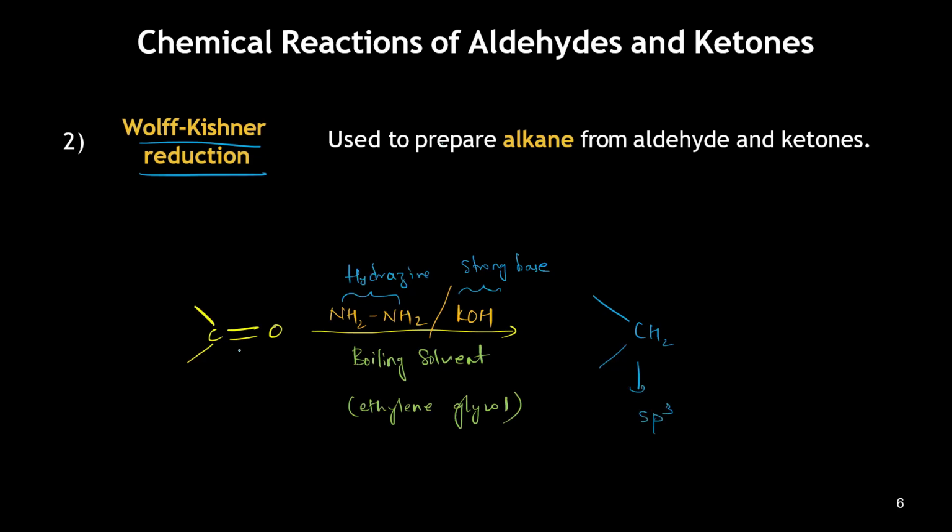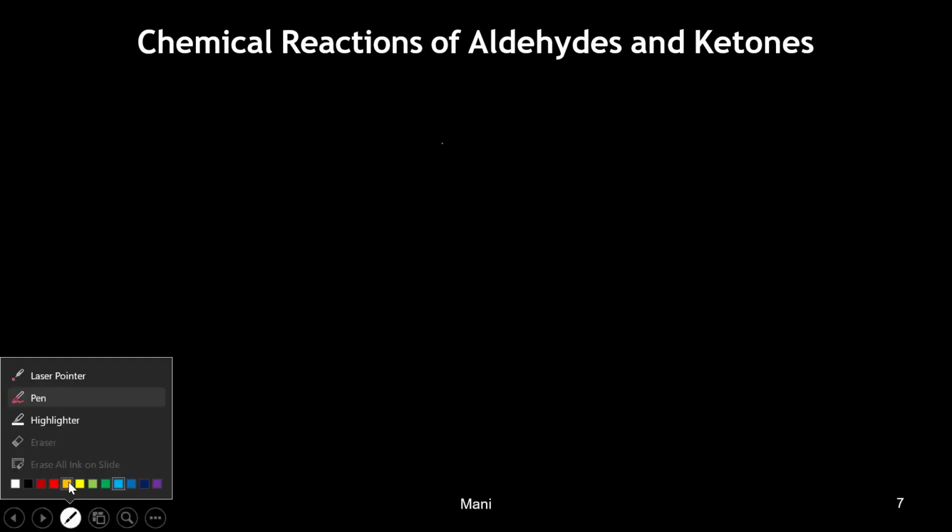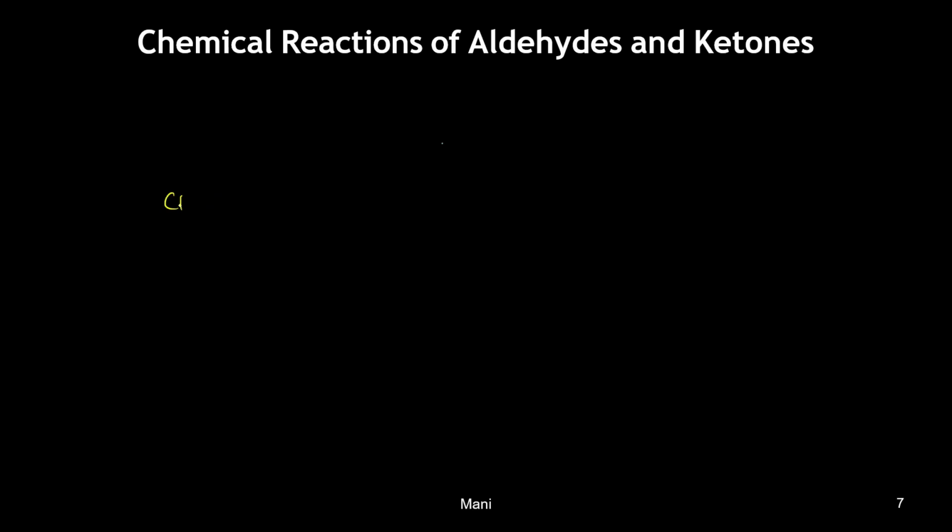Let me take an example. CH3CHO in the presence of NH2NH2 and potassium hydroxide, and you need to heat this process so that it will give a hydrocarbon.